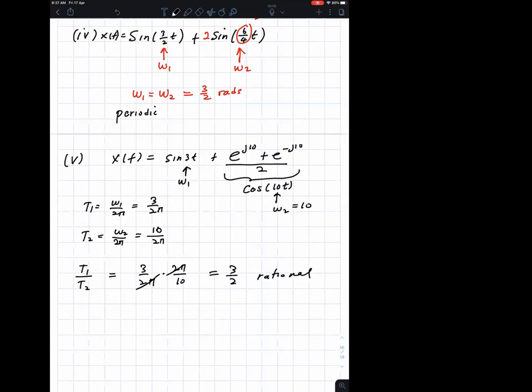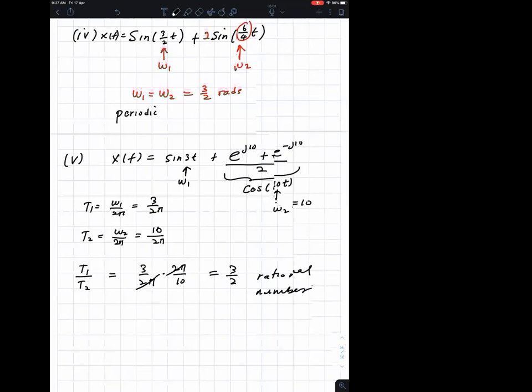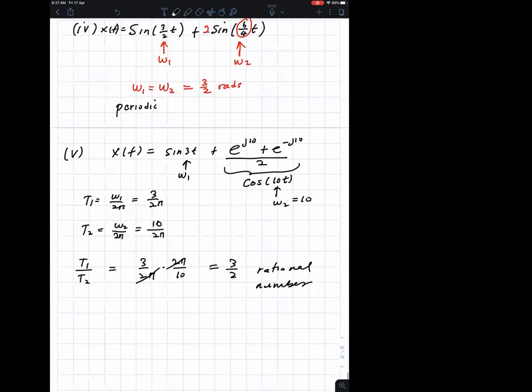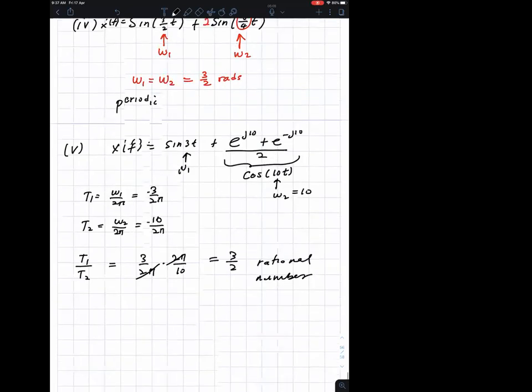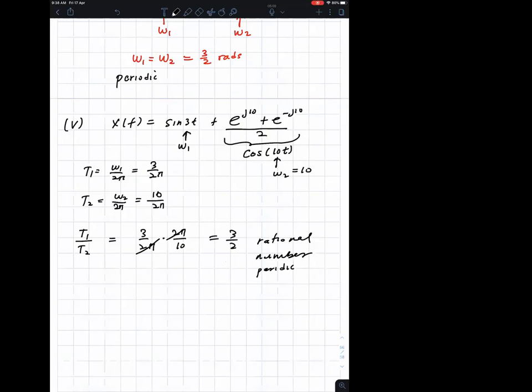Therefore, it's periodic. To find the period, you simply cross multiply. T1 over T2 is equal to 3 over 2. Cross multiply: the period is either 2T1 or 3T2.